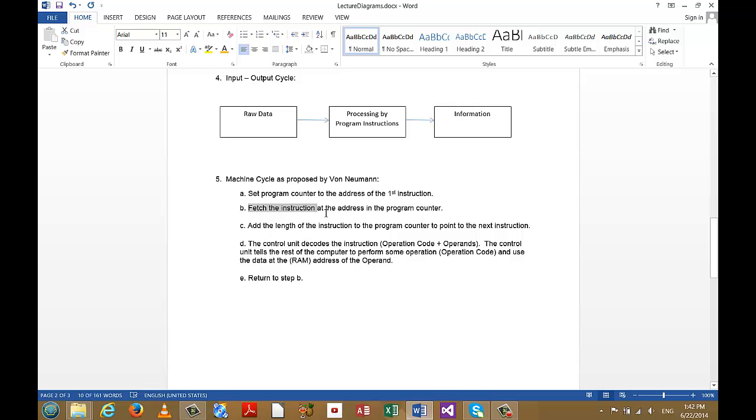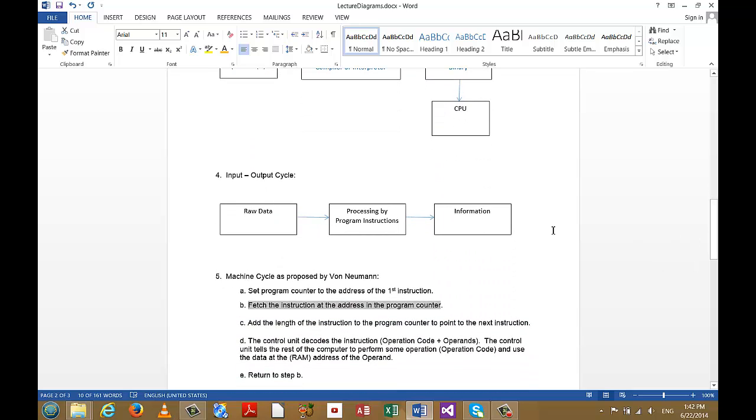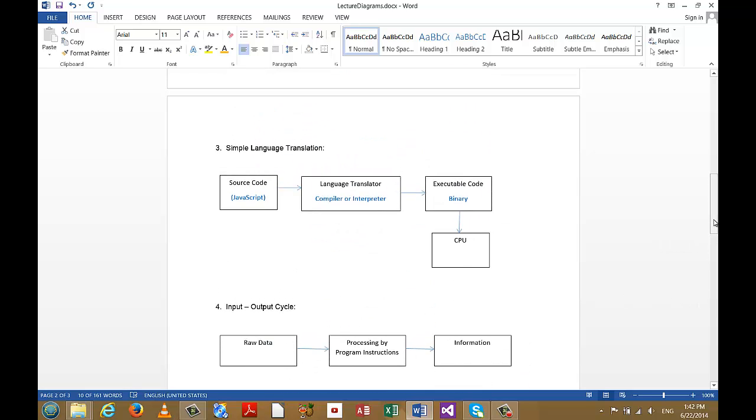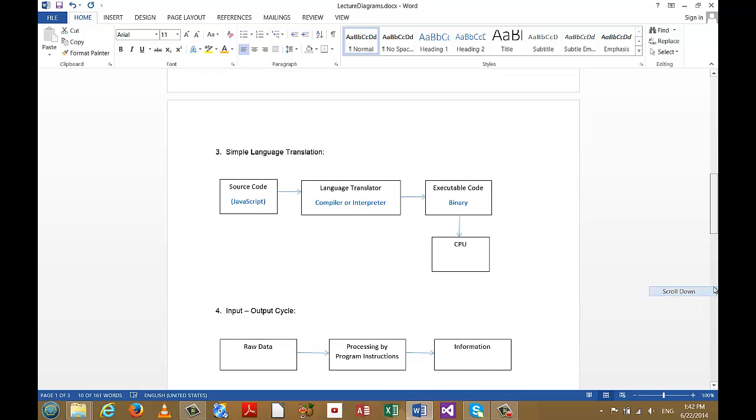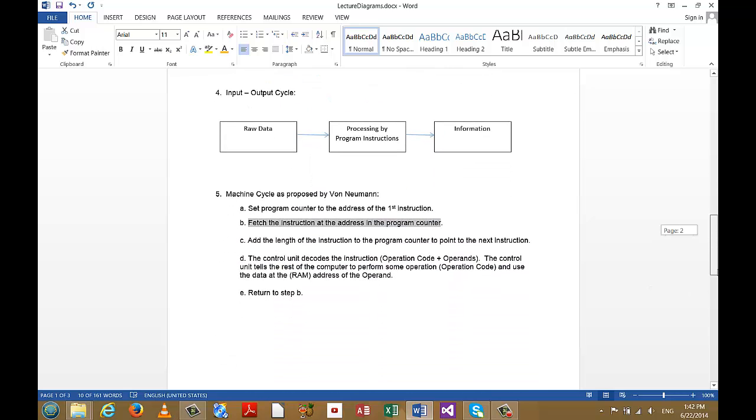Then the instruction at that address is fetched. Fetch the instruction at the address in the program counter. That instruction is fetched and the instruction is found by the CPU looking at the value of the program counter, then going to random access memory and getting the instruction at that location.